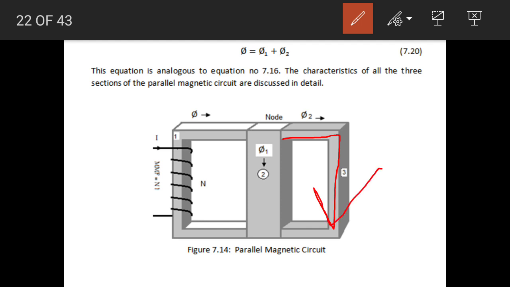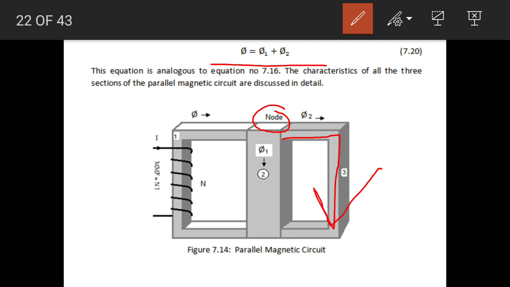So what we do, we apply a law to this node which is analogous to KCL. Keep it in your mind that you cannot apply KCL to this particular node. We can apply a law which is analogous to KCL. So if we apply it, we obtain this particular equation.